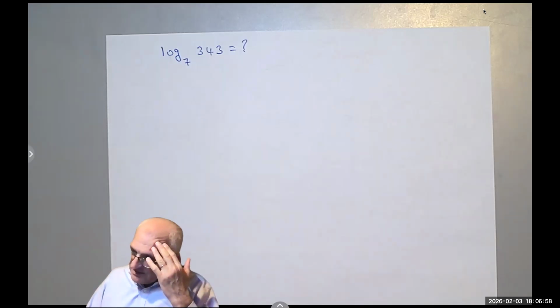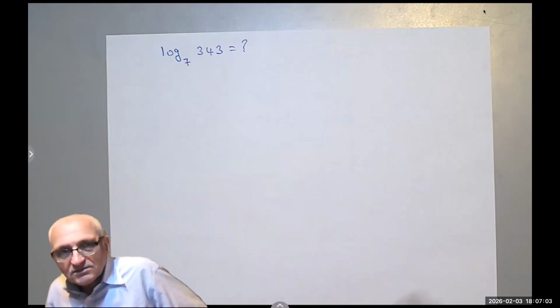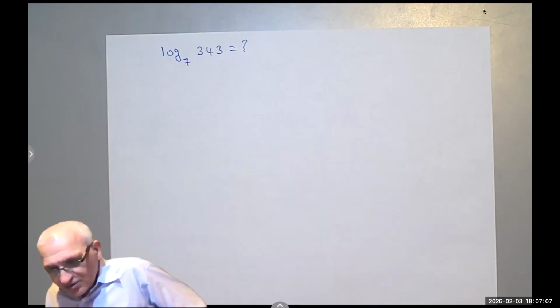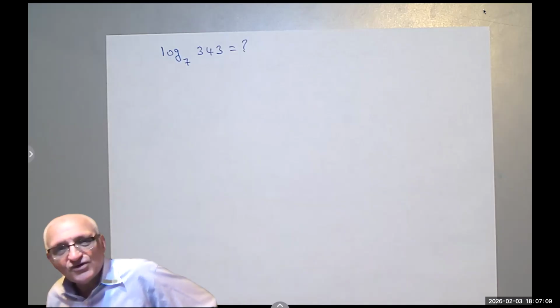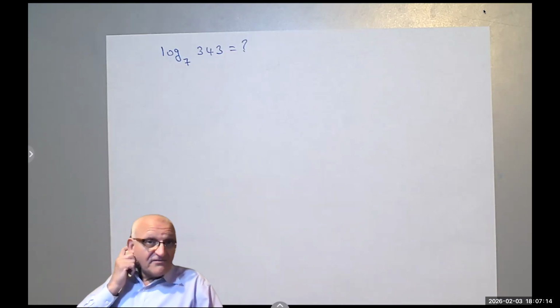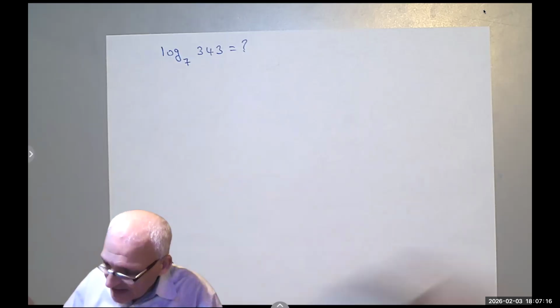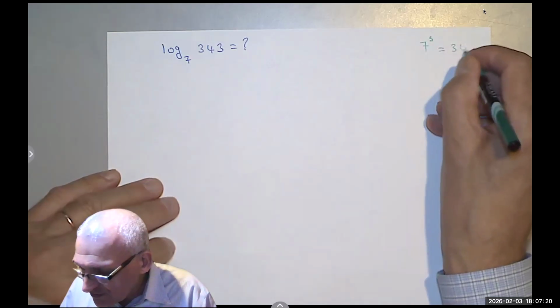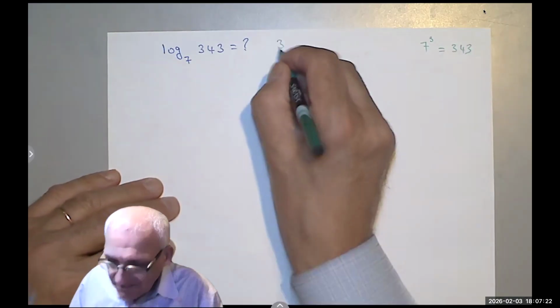So you say 7 is 7 to the first, right? No, 7 doesn't equal 343. If I square it, so I take it to the power of 2, I get 49. No, 49 is not. So you use your calculator and find that 7 to the third power is 343. So the answer here is 3.